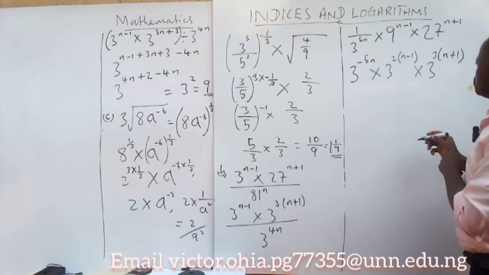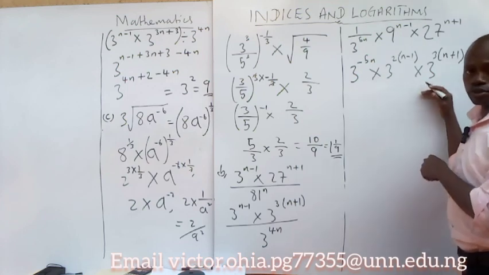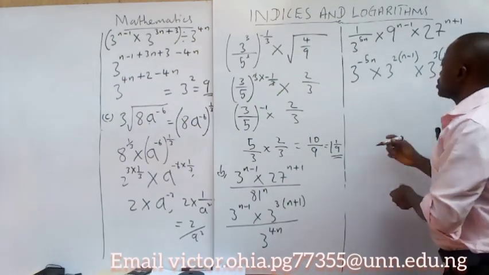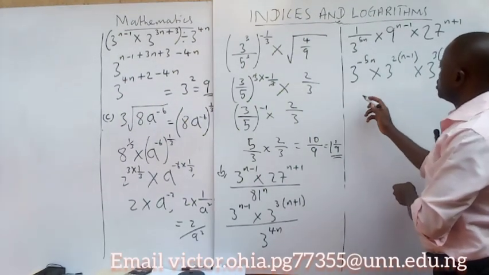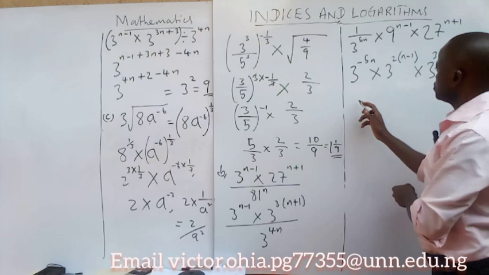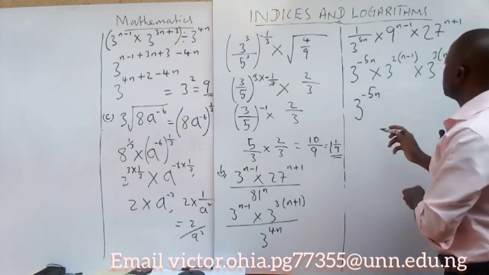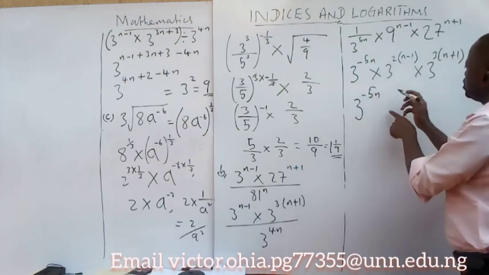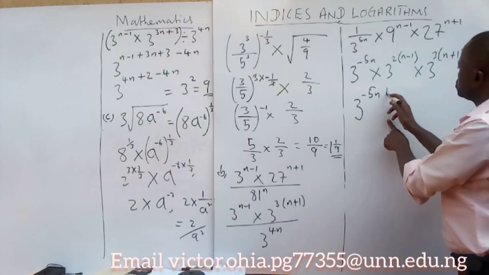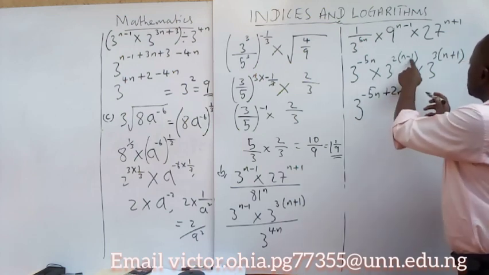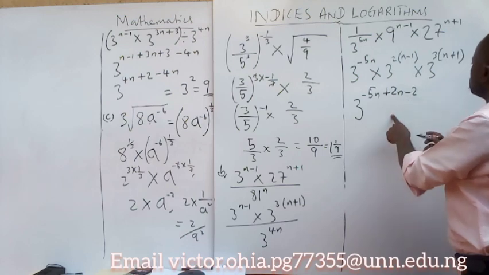Okay, so you can see that they are all products. So that is to say we can add their powers. Okay, so if we have this, we can say let this be 3 raised to power minus 5n, and over here, open here, you have plus. Of course, this will be 2n, and this will be minus 2.